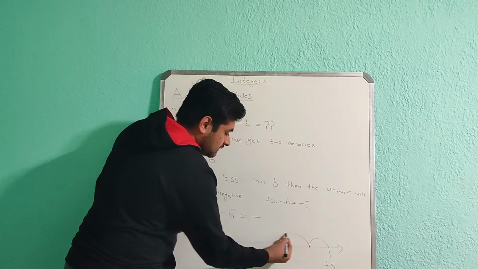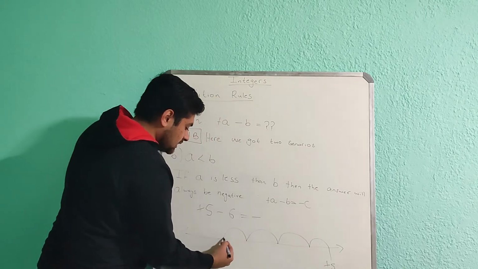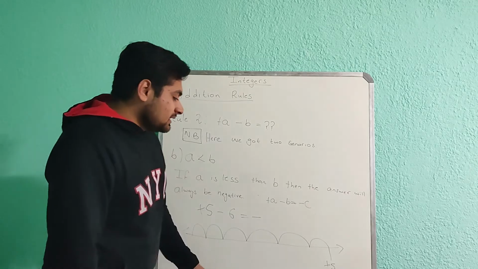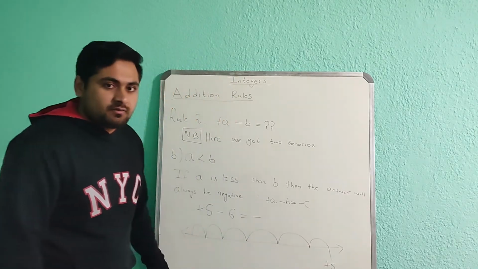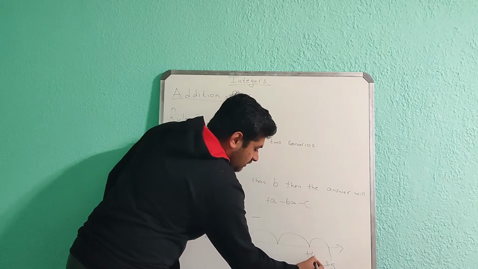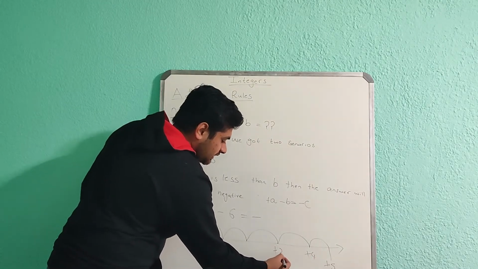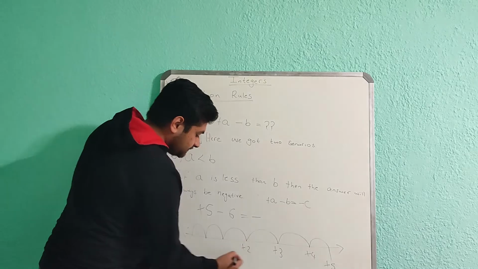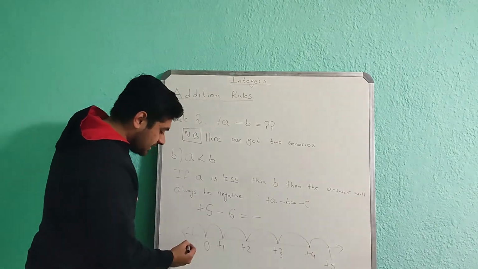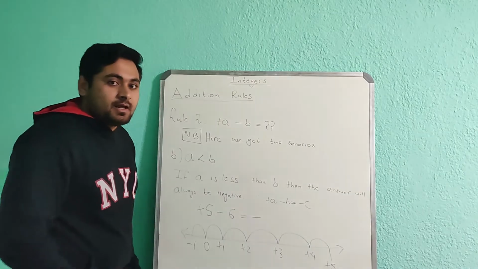So 1, 2, 3, 4, 5, 6. Now what are the numbers to the left of positive 5? They are decreasing, right? So we got positive 4, positive 3, positive 2, positive 1, 0 and negative 1.